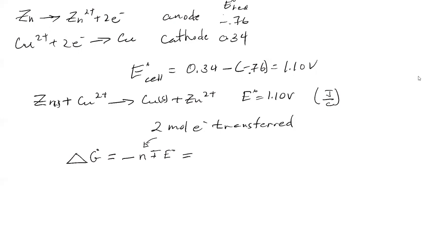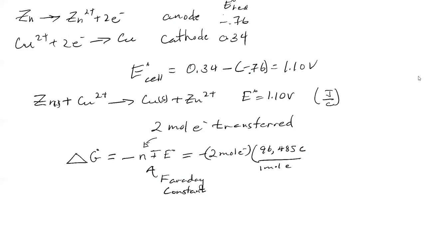So for this reaction, that will be minus 2 moles of electrons times the value for this, called the Faraday constant. I say it's the charge on 1 mole of electrons. That's 96,485 coulombs for 1 mole of electrons.